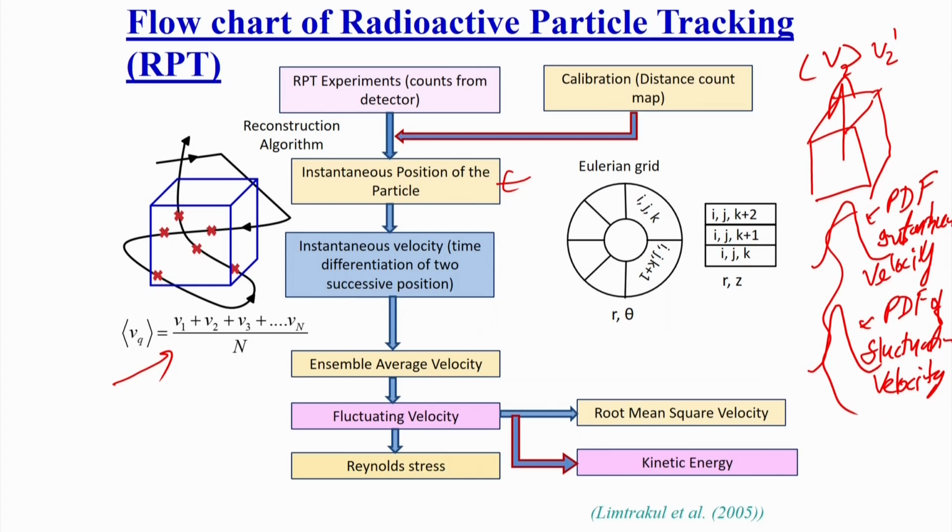So, I am not going to just tell you what the mean velocity is at a particular location inside the column of interest. I am also going to tell you the velocity distribution for the whole experiment, for the whole time, for 8 to 10 hours, 20 hours, for each location.